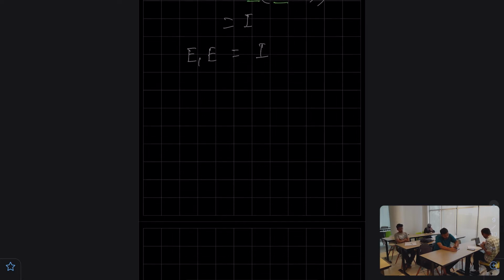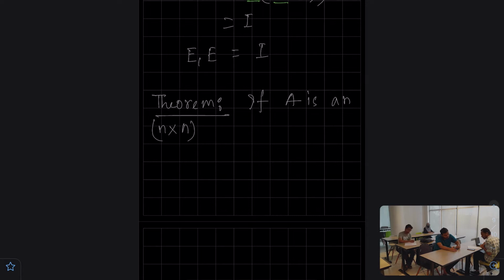Okay, so there is another theorem. If A is an n cross n matrix, then the following.